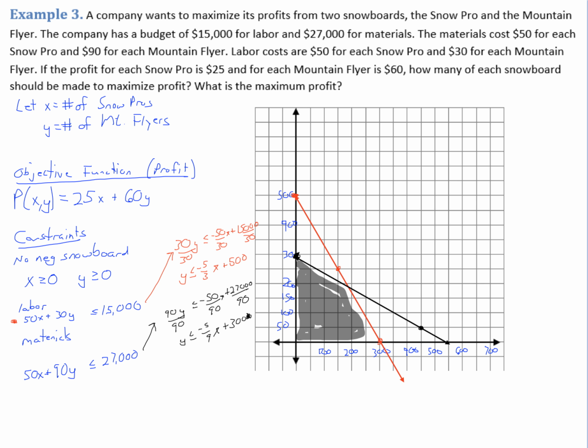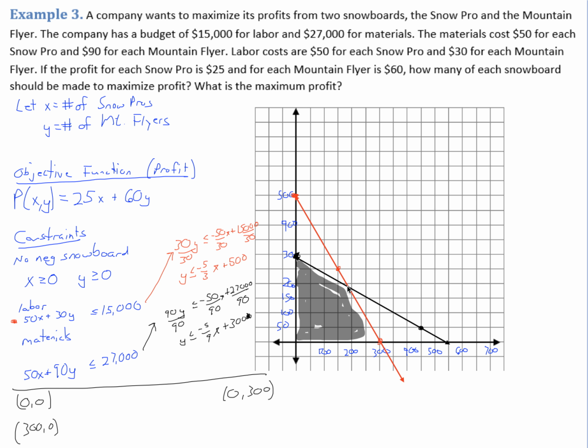We have the point 0, 0. So if we made no snow pros and no mountain flyers, we have the point 300, 0. We have the point 0, 300.